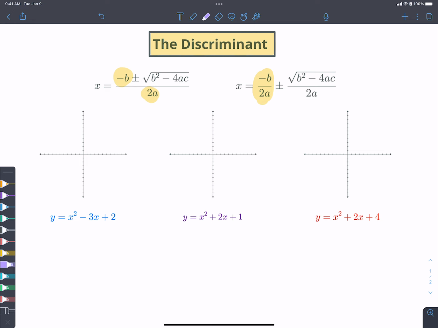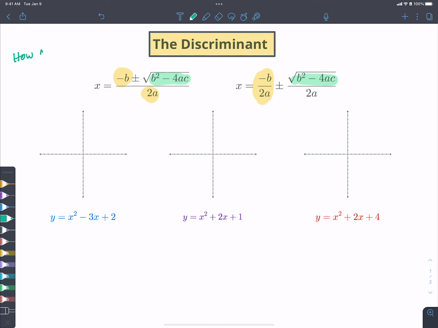The discriminant is quite simply this piece underneath here, the piece underneath the square root sign, underneath the radical. And what this does is it's going to tell us how many solutions the quadratic has.